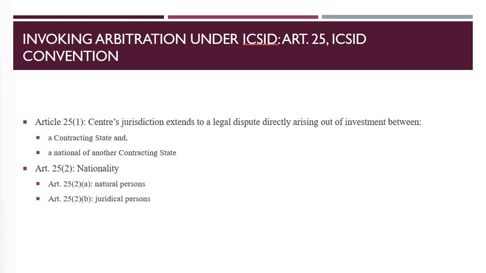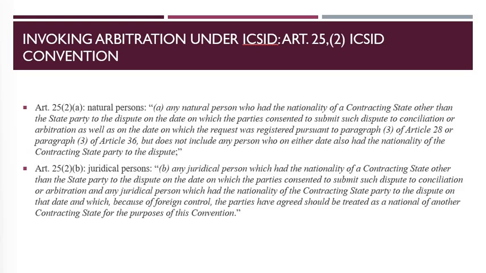Article 25(2)(a) deals with nationality of natural persons and states that the national of another contracting state means any natural person who had the nationality of a contracting state other than the state party to the dispute on the date on which the parties consented to submit such dispute to conciliation or arbitration, as well as on the date on which the request was registered pursuant to paragraph 3 of Article 28 or paragraph 3 of Article 36, but does not include any person who on either date also had the nationality of the contracting state party to the dispute.